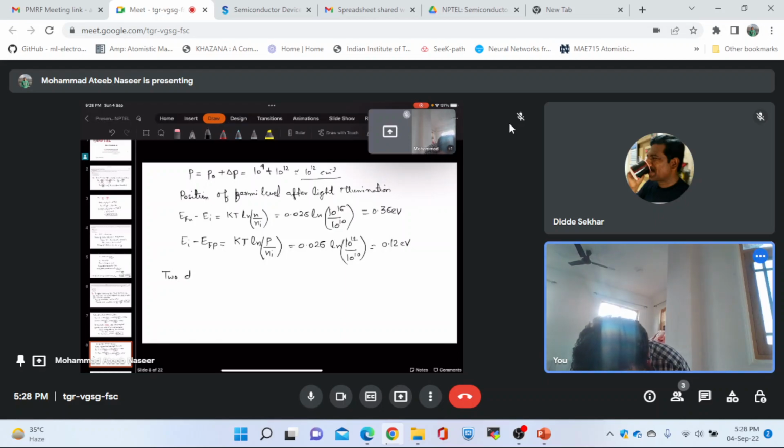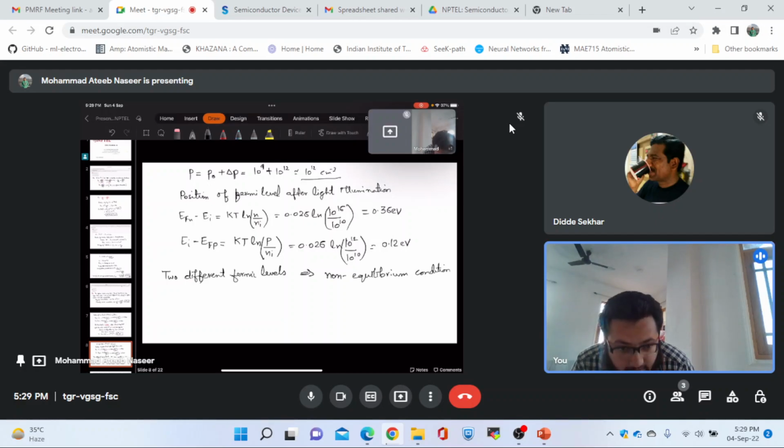If we are having two different Fermi levels, these arise due to the non-equilibrium situation. So one should remember that in non-equilibrium conditions we will be having those quasi-Fermi levels.